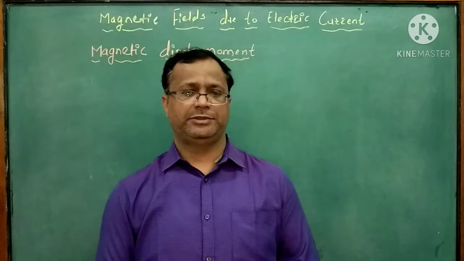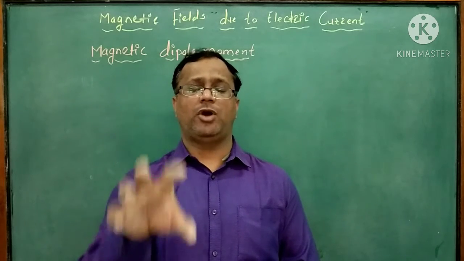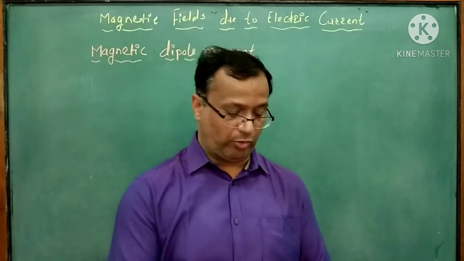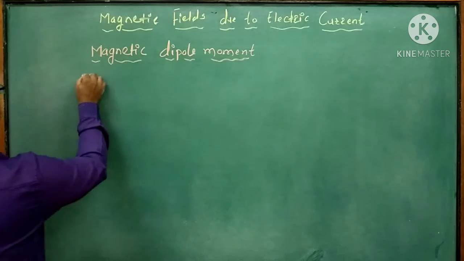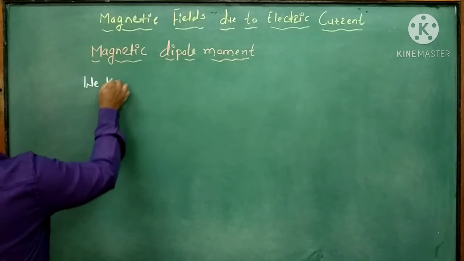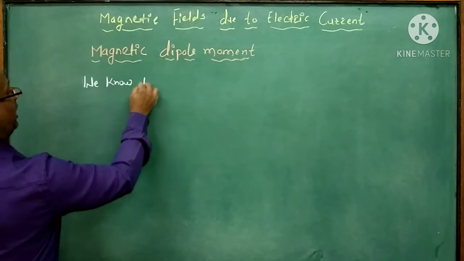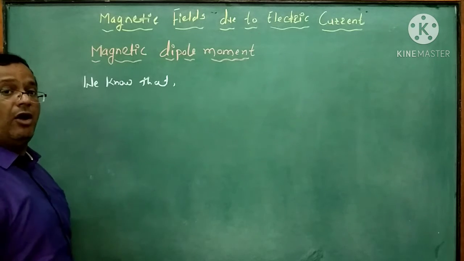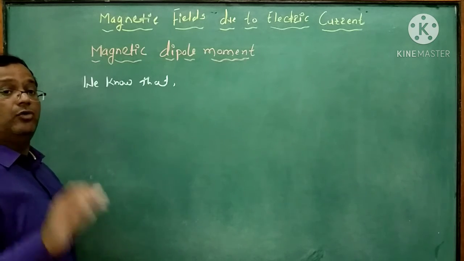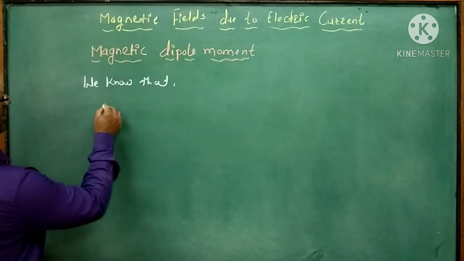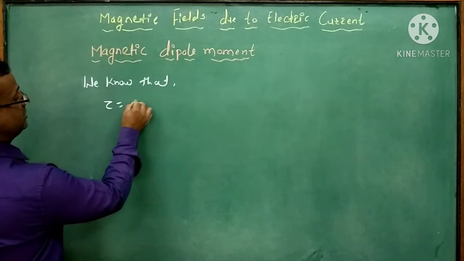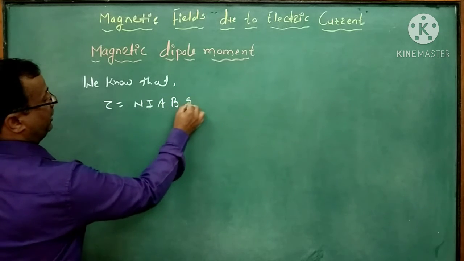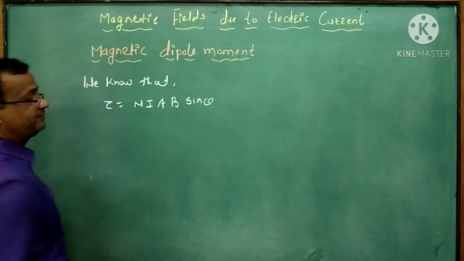We know the equation of the torque acting on a loop or simply a coil. We know the last equation of torque acting on a coil or loop inside the external magnetic field: tau equals NIAB sine theta.